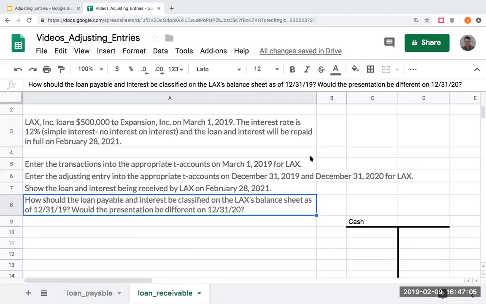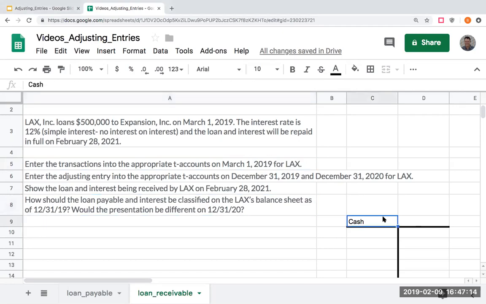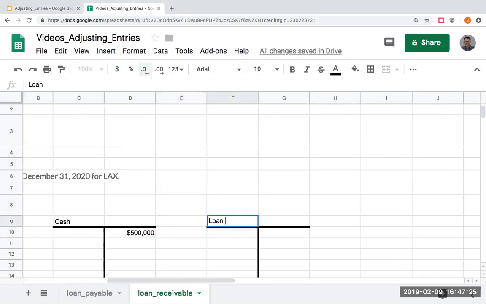Okay, so we've loaned $500,000 to Expansion. And so what I need to do is I'm doing this via T accounts. So here, because I'm loaning money, my cash is going down by $500,000. For every credit, I need a debit, and this is going to be a debit to loan receivable.